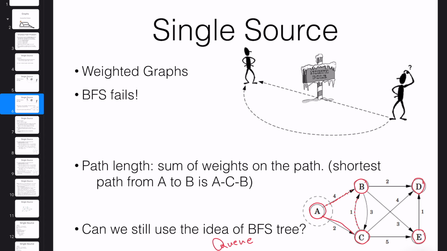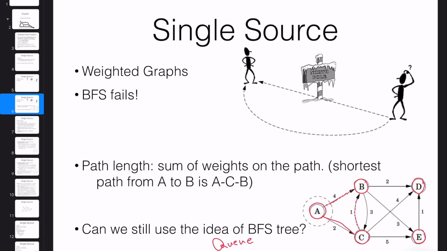And then later on, if you visit B again, because you are going to visit it through a different path, the cost of it is going to be a different cost, right? It might be more or less. So if the cost of visiting B through a different node is going to be smaller, you would update the cost for B. So in this case, the cost of visiting B through C is going to be 3.